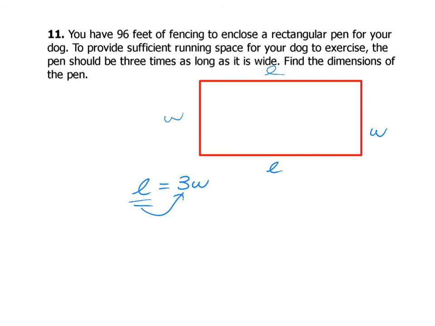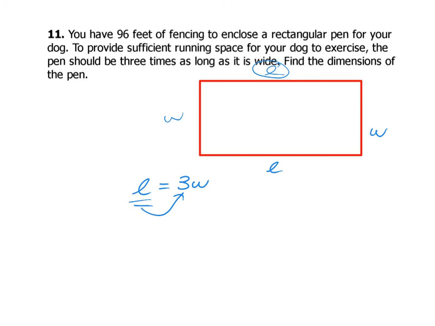All right, so now I don't want to have width and length. So what can I replace L with to just have the same variable? What do I replace L with based on what I already wrote down? So I'm just working with W. Yes, 3W.